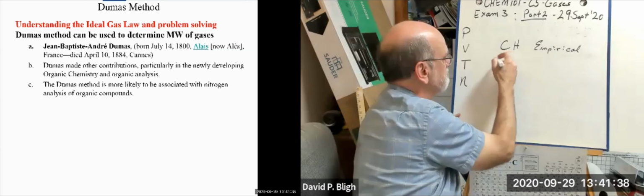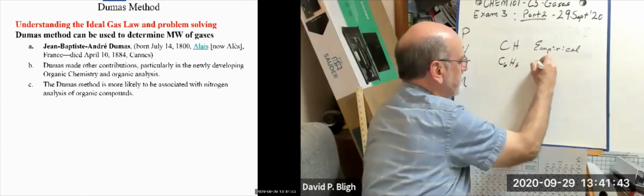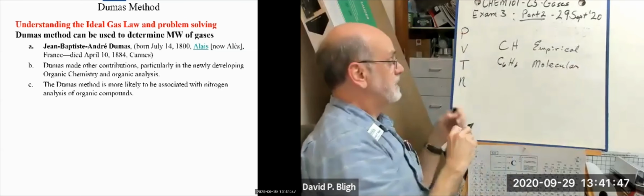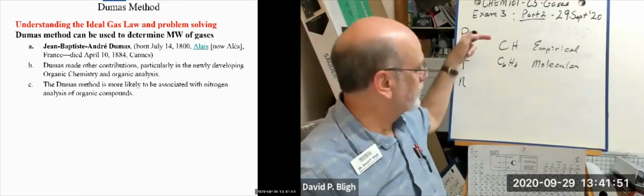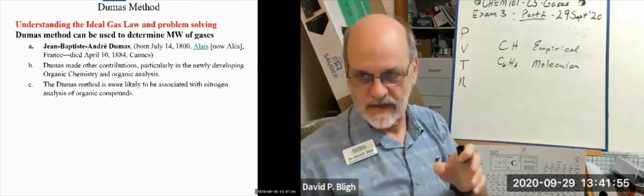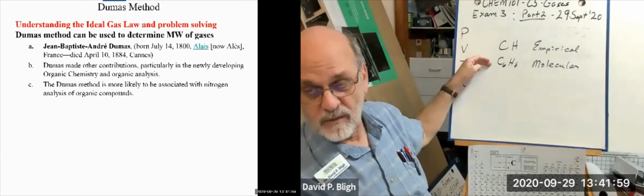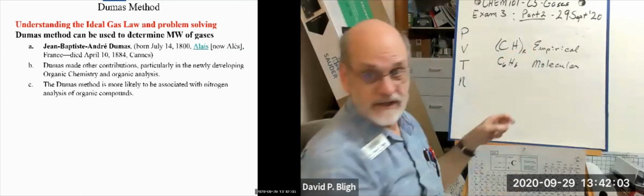Let's say, okay, the molecular formula was actually that. And what do you need to go from here to here? You have to know the molar mass of the gas. And you ratio the empirical mass to the molar mass to find out what that multiplier is.